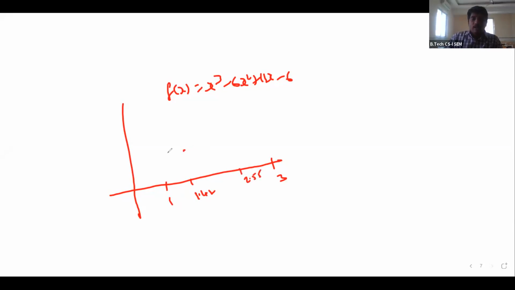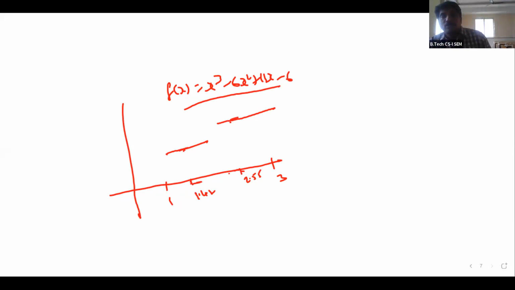Here the curve will have a tangent parallel to x-axis, and here also the curve will have a tangent parallel to x-axis. That is what we conclude. For f of x we have two tangents at these two different numbers such that the tangents at these points are parallel to x-axis.